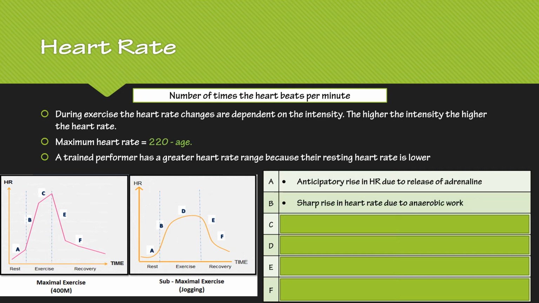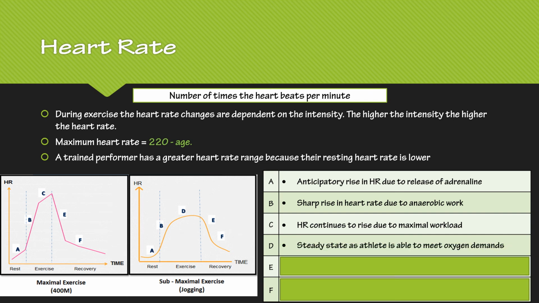At B, in both graphs, you can see we get a sharp or rapid rise in heart rate due to anaerobic work. So we need to get rid of the carbon dioxide and get more oxygen to your muscles. At C, which is only on the maximal exercise graph, heart rate continues to rise because we cannot meet those oxygen demands. Whereas at D, during submaximal exercise, we get a steady state as the athlete is able to meet the oxygen demands.